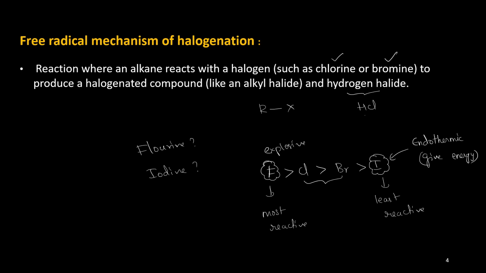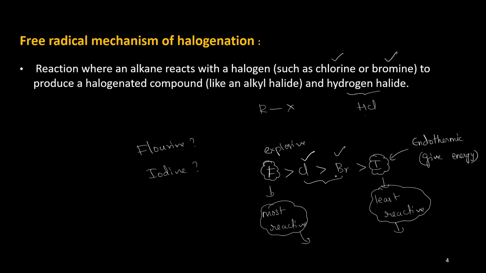So remember, fluorine and iodine can participate in the free radical mechanism, but their behavior is significantly different compared to chlorine or bromine. How is it different? One is most reactive, the other is least reactive. One can cause an explosion, the other needs energy supplied so that it will participate in the reaction. So that's why we will not do the free radical mechanism for iodine and fluorine.